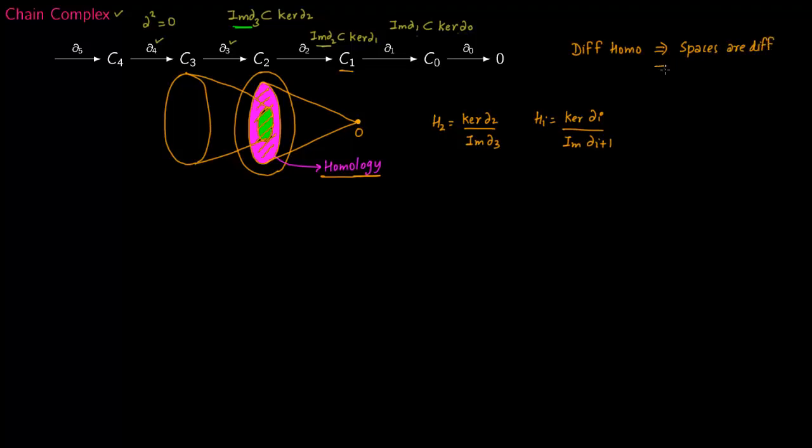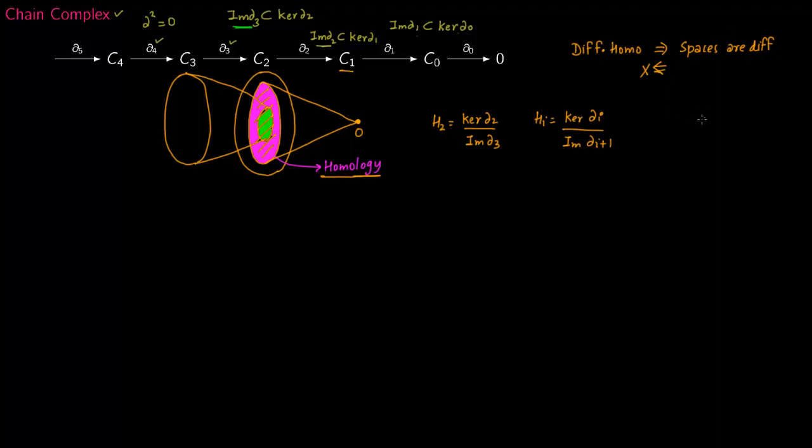The implication in the opposite direction does not hold. So different spaces could have the same homology groups, but if the homology groups are different, the spaces are different. And that is the primary criterion, or the objective, of algebraic topology. In fundamental groups also we passed from the category of topological spaces to groups. Here also we are passing from the category of topological spaces to groups.